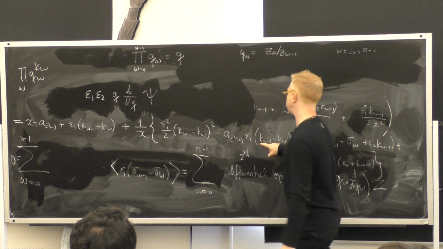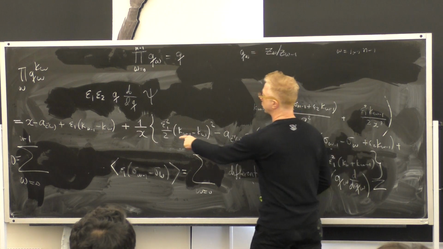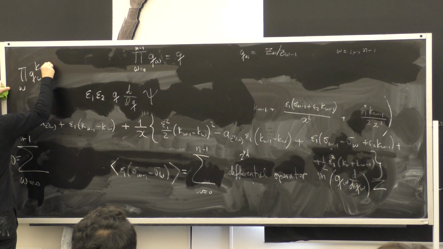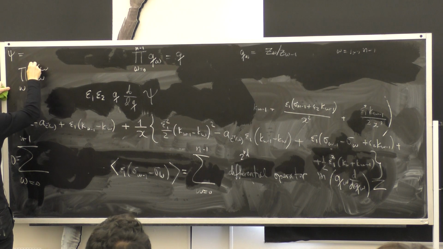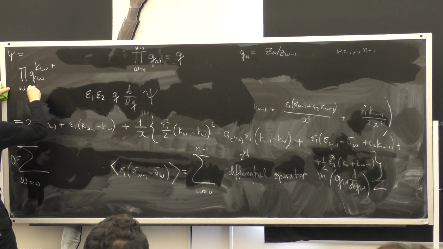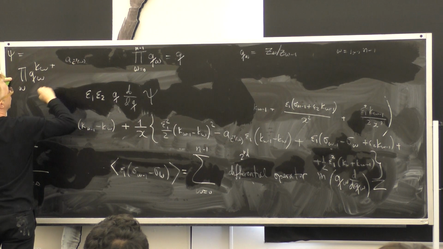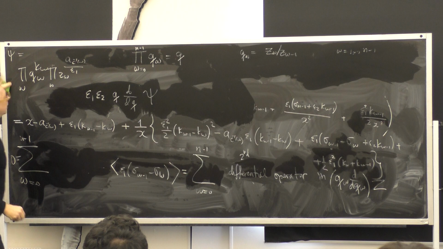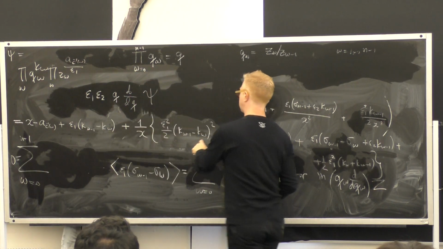Already here you see that it is beneficial to multiply the partition function by a factor, so let me call it psi, which is Z multiplied by a certain factor of the form A sub C inverse, times Z omega. It's a simple trivial factor, but it simplifies this formula.